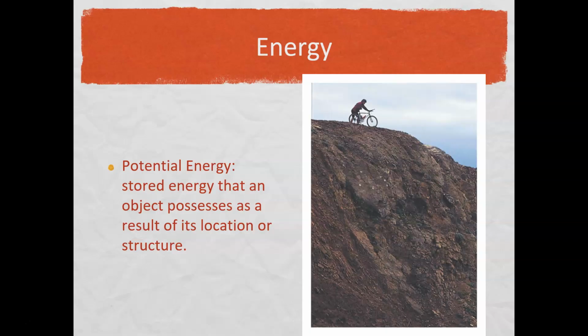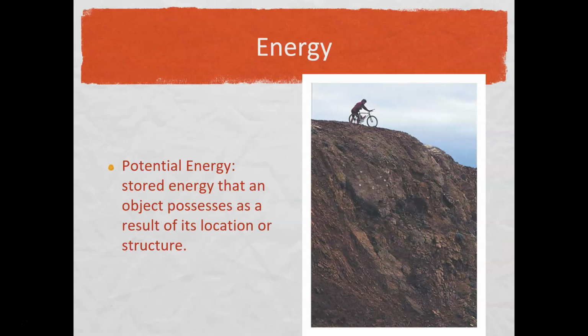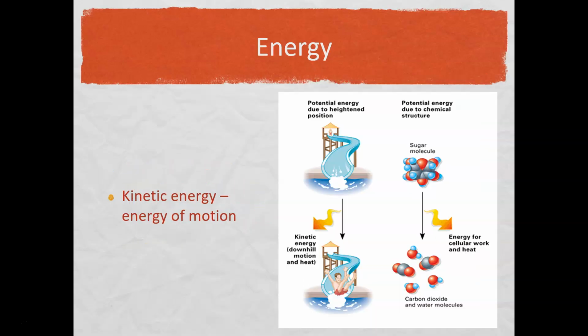For us as biologists or moving into chemistry, you're going to look a lot more at potential energy based on an object's structure. So we'll get into a little bit about chemical energy in a couple seconds, and that's where this is going to fit in for us. Kinetic energy then is just the energy of motion. So now, instead of storing the energy, I'm using it.